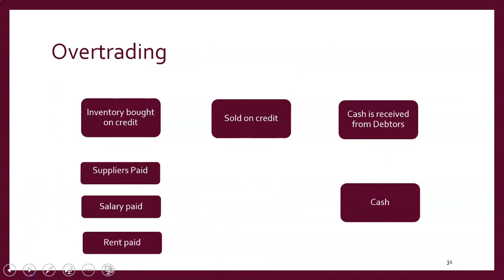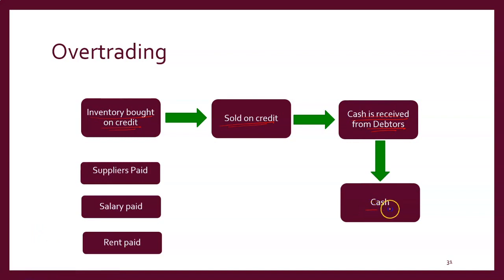So we look at how overtrading happens in a company. See, the inventory for a company is bought on credit from the supplier and it is sold to the customer on credit. Once it is sold on credit, the debtor will pay the company cash after a month or two.